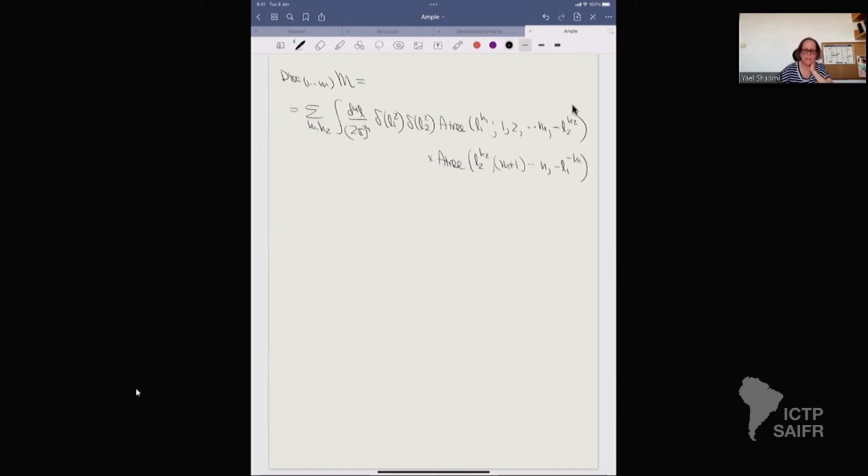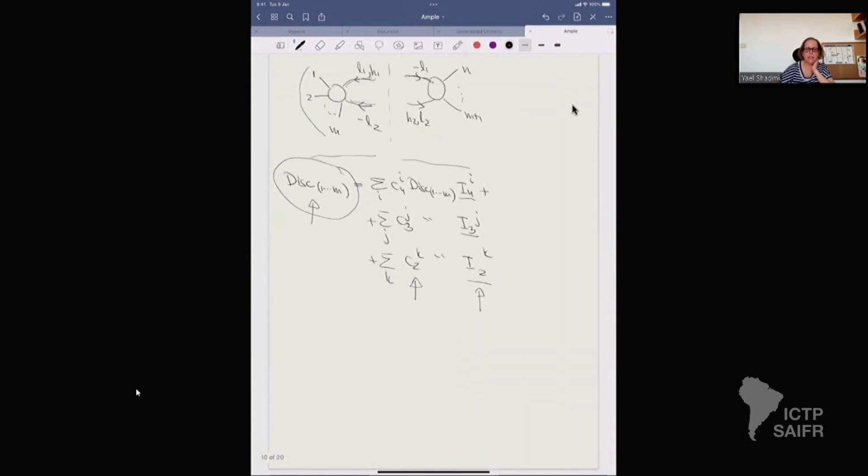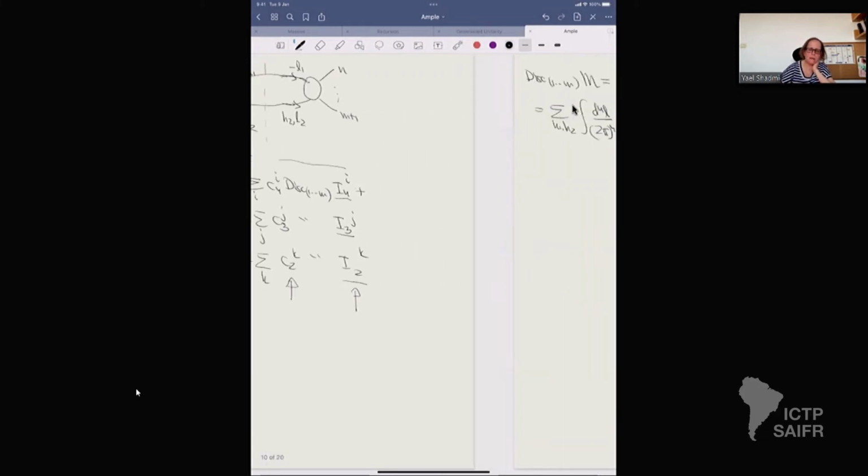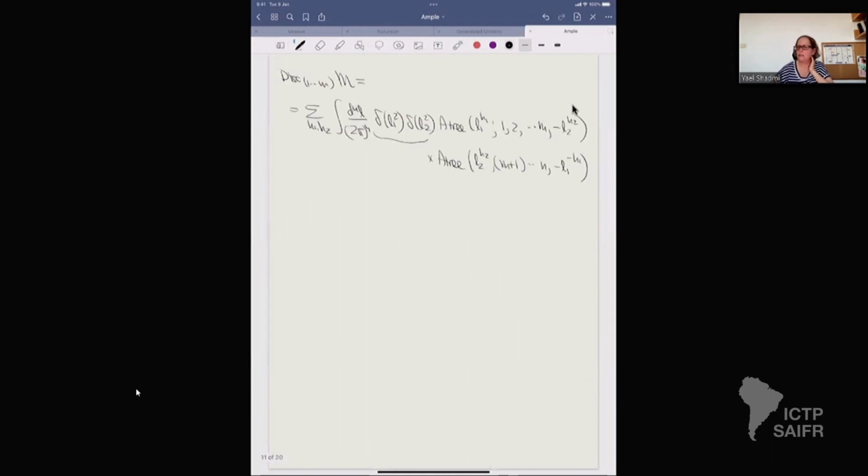Now, where did this come from? These deltas came from exactly the discontinuity in the propagator. Originally, we had a loop amplitude with these propagators, and each one of these propagators is of the form, for example, i over L1 squared plus i epsilon.